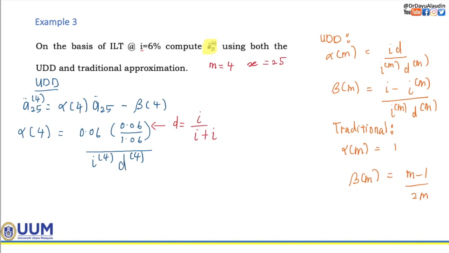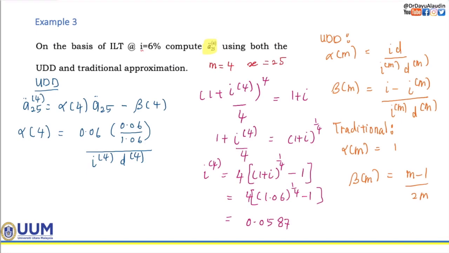So we find the alpha for UDD. Using the formula given, d is equal to i over 1 plus i. Now we want to find i(4) and d(4). So we use this relationship. So i(4) is equal to this one. And then from here we can also find d(4).